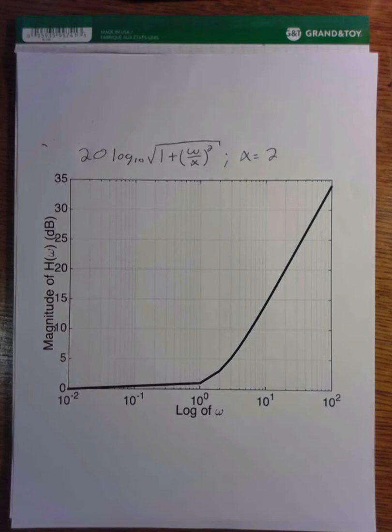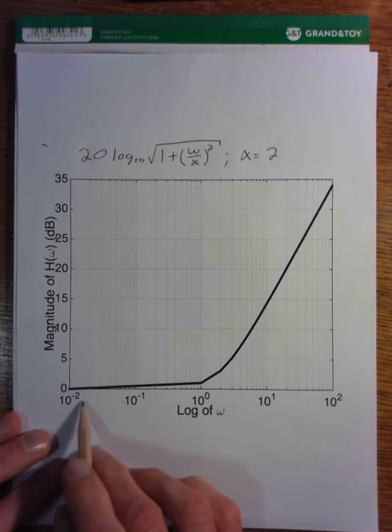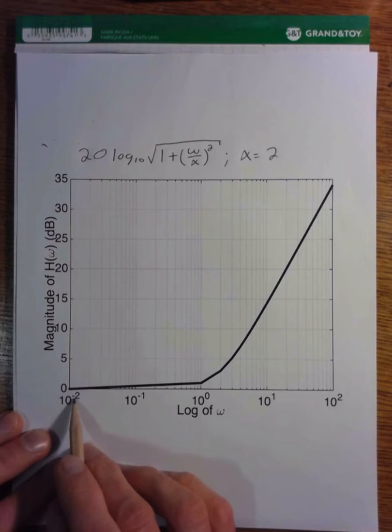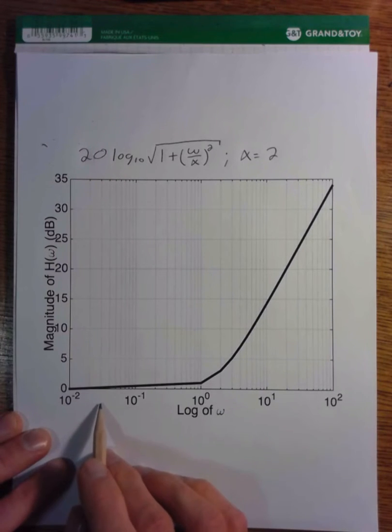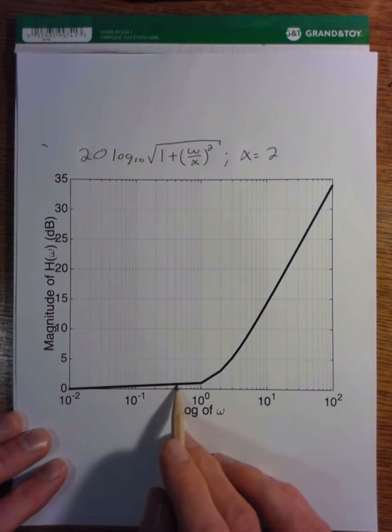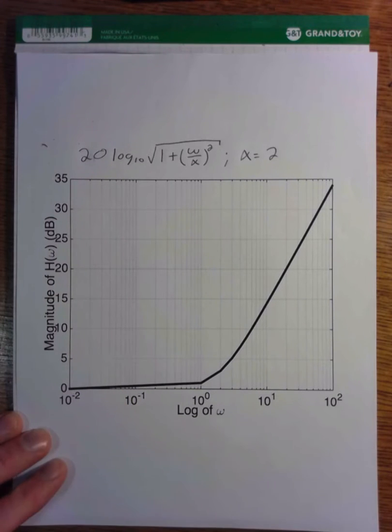And so let's take a look at, first of all, the low frequency range. So 0.1 hertz, 0.01 hertz, very, very small frequencies, very close to DC. And we can see that our response asymptotically is approaching 0.